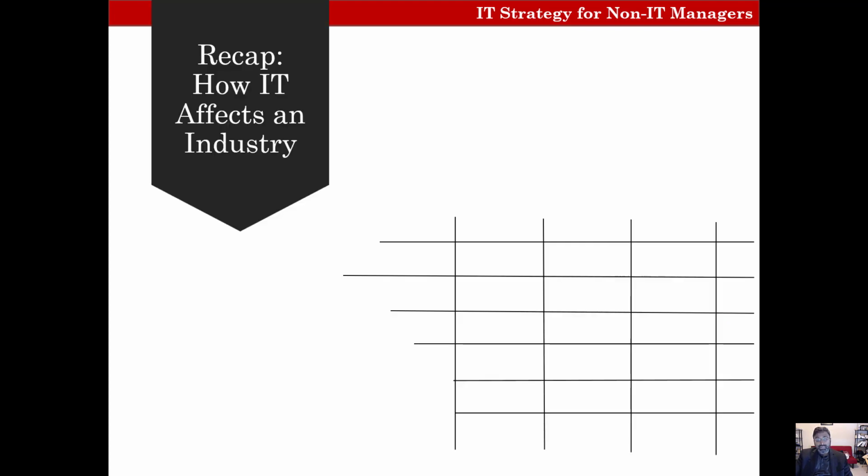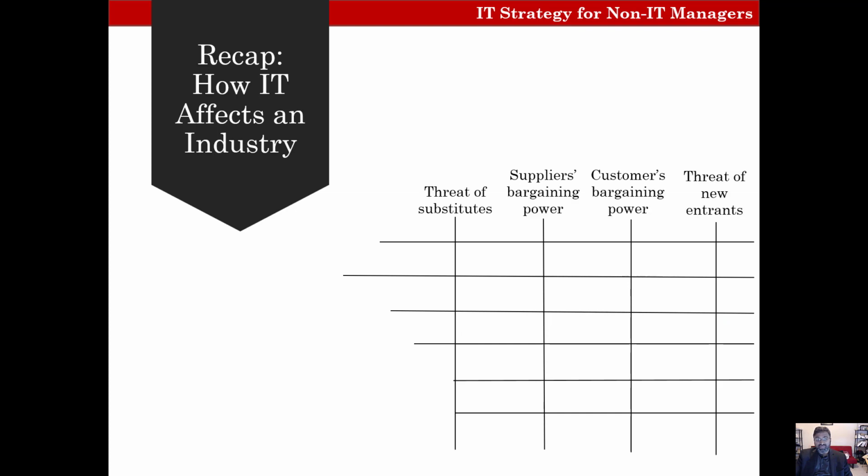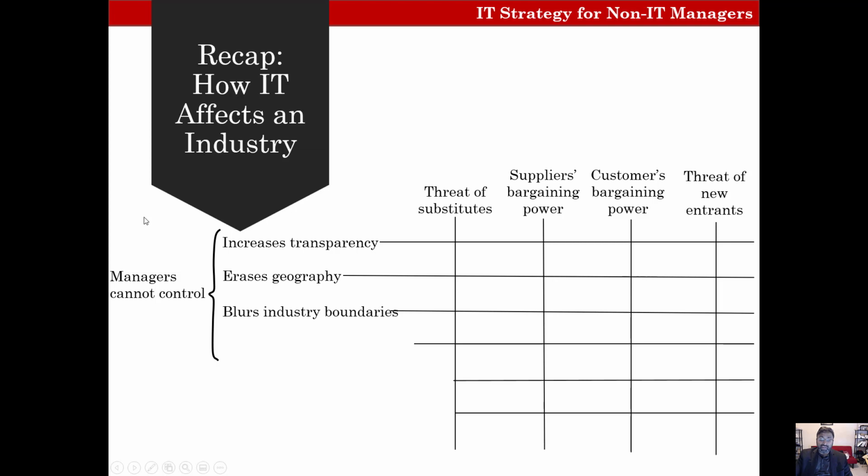So now let's look at how information technology affects an industry. Here we have the four issues: threat of substitutes, suppliers' bargaining power, customers' bargaining power, threat of new entrants. And managers cannot control these issues. IT increases transparency, erases geography, blurs industry boundaries, and also creates legacy-free business models.